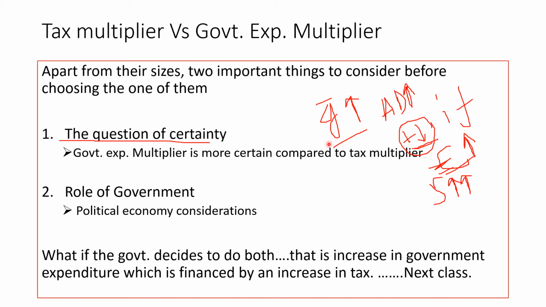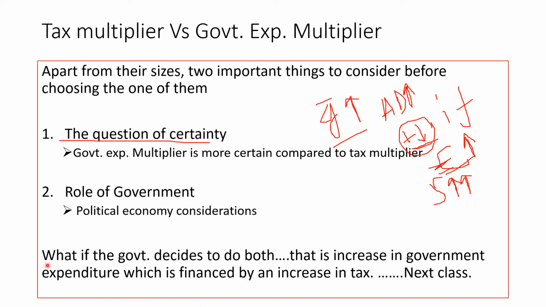One is it can raise expenditure and thereby increase aggregate demand, and another is that by cutting tax it can raise aggregate demand. So we compared their values, how they work, their efficiencies, their certainty, and their political economic question as well.